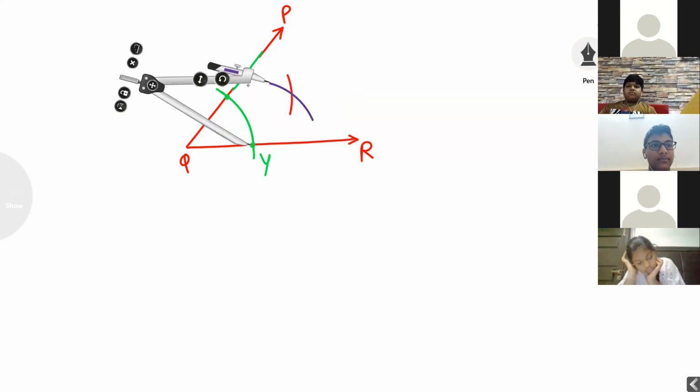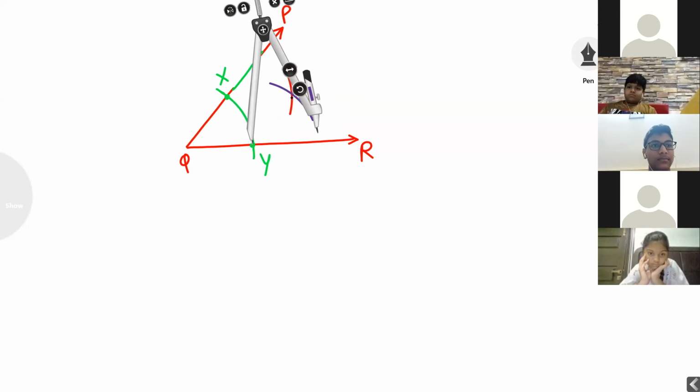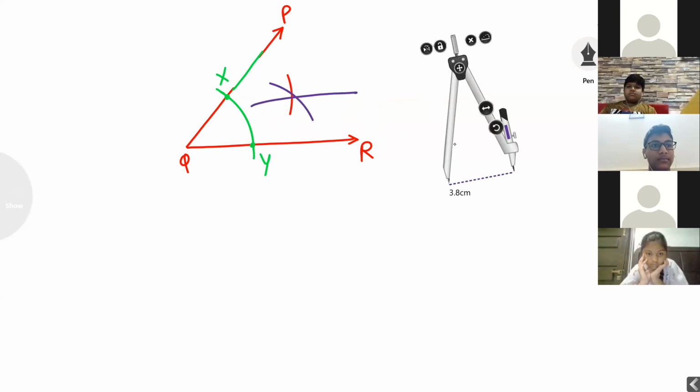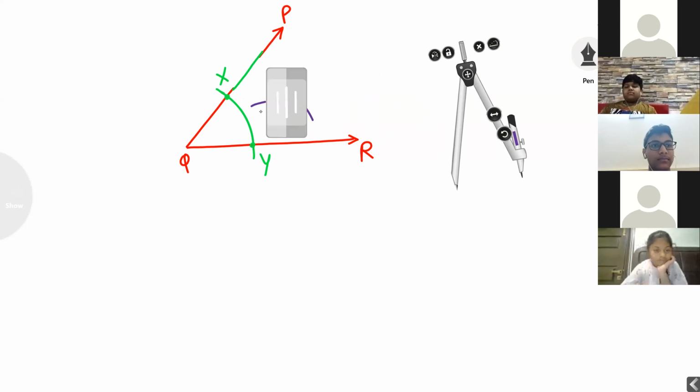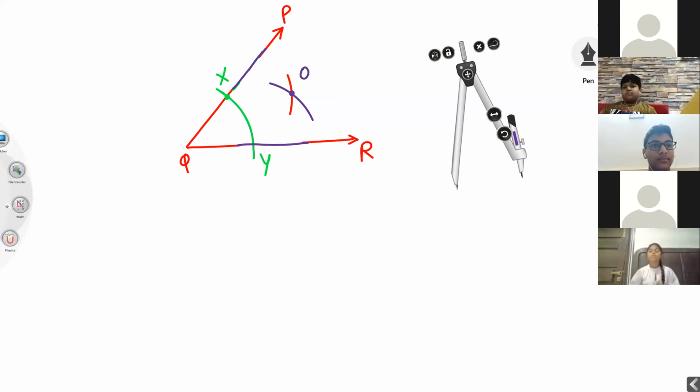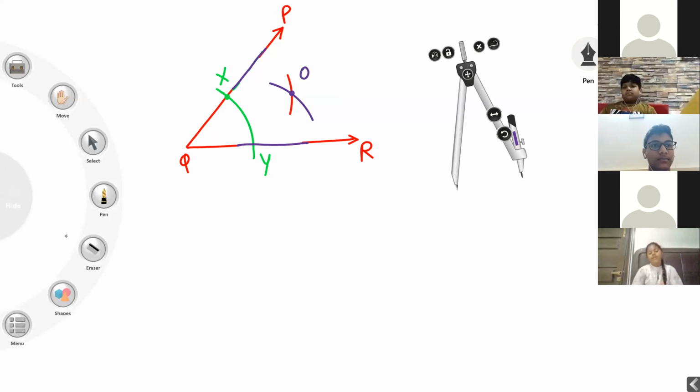Now you are observing, students, here both arcs are meeting at one point. I want to join this point. I'm taking this point as O point, and Q point and O point I want to join with the help of a scale.